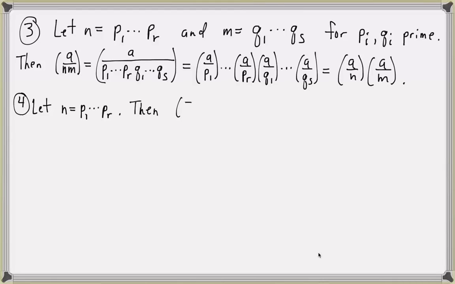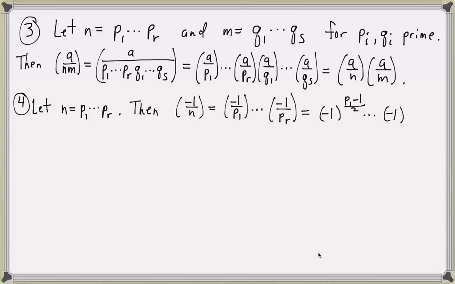Then the Jacobi symbol -1 over n will equal -1 over p1 times up to -1 over pr. And since these are Legendre symbols, we can write these as -1 to the (p1 minus 1) over 2 times up to -1 to the (pr minus 1) over 2.